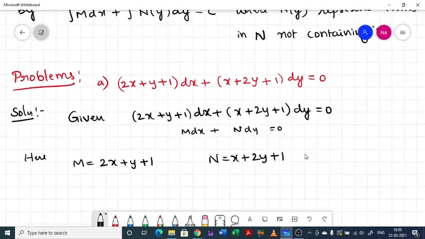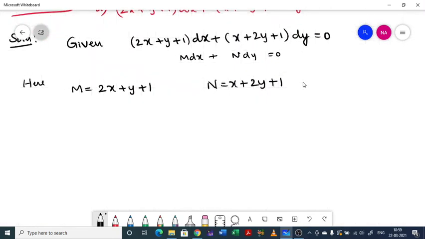Now before writing the solution, you have to first check whether this equation is exact or not. Sorry, I forgot it. So first I differentiate M with respect to y partially, and I get dou M by dou y equal to 1.